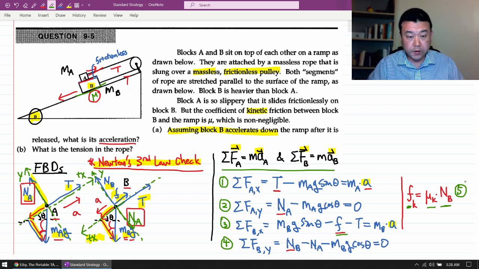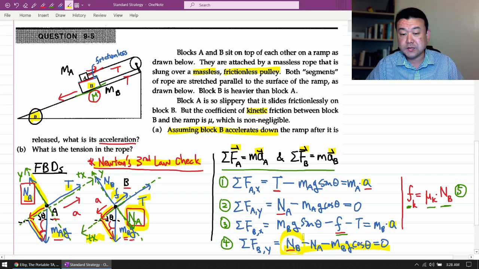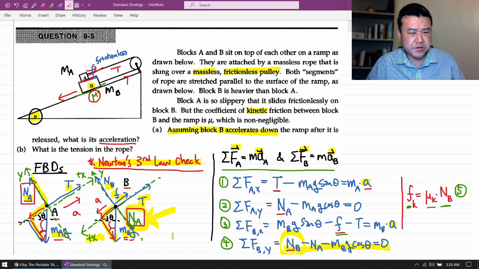And before we move on, it's in this equation where you can see that if we had missed out on this normal force, NA, the expression for NB based on equation 4 will be different, and that'll result in a discrepancy, which in this case is an error, because not including this force would have been wrong. And there are other complications I can mention, but I think I'm already having you do enough on your own, so let me leave that there.